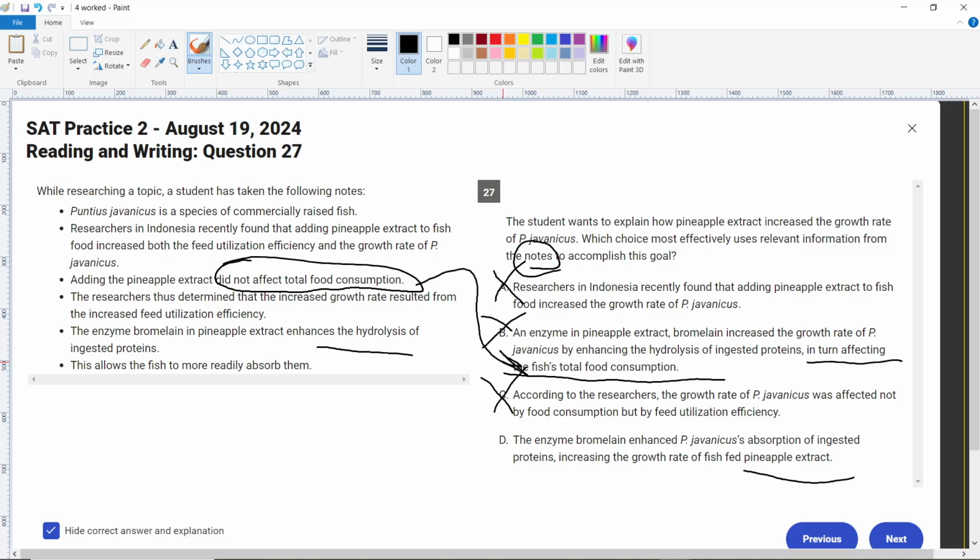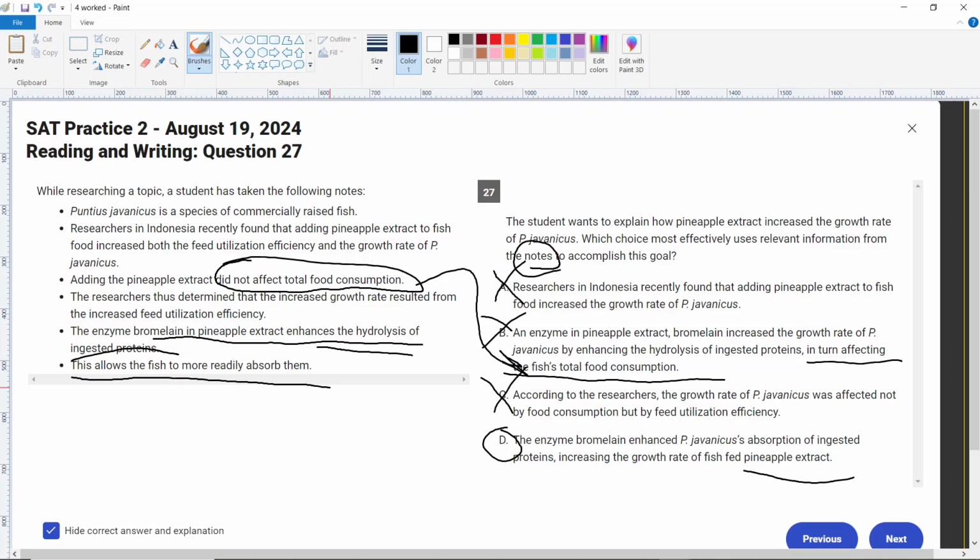And then D. On test day, I would now pick D. But for the purpose of completing the explanation, I'm going to just verify it. And if you're not sure, you can verify it. The enzyme bromelain enhanced P. javanicus's absorption of ingested proteins, increasing the growth rate of fish. So let's see, it does say right here, the enzyme bromelain in pineapple extract enhances the hydrolysis of ingested proteins. This allows the fish to more readily absorb them.